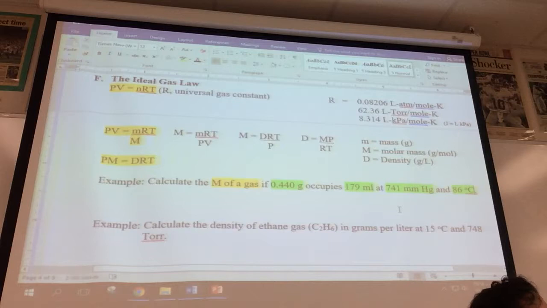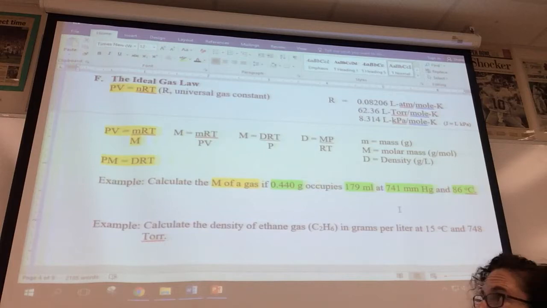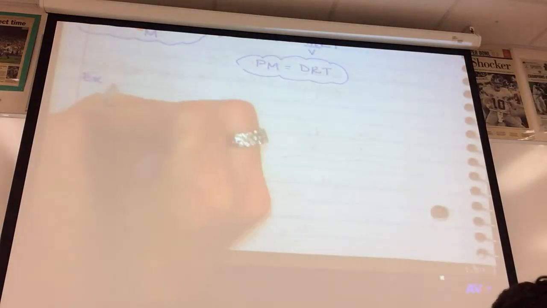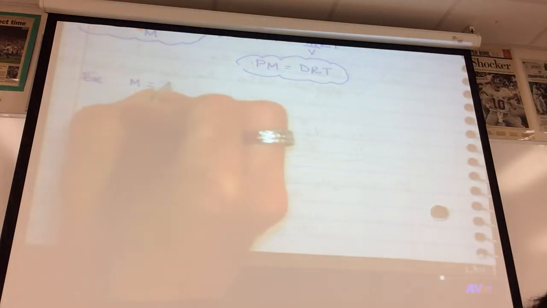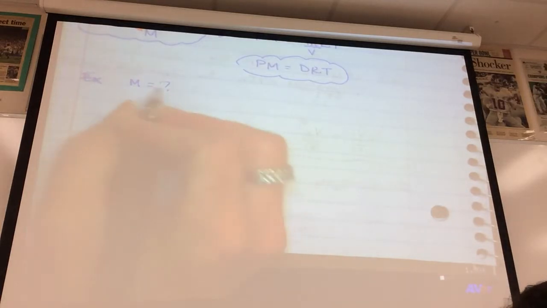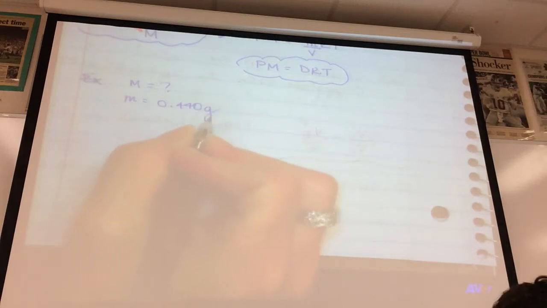Couple things to remember when using any variation of the ideal gas law. The volume must be in liters. The temperature must be in Kelvin. So in this example, we're looking for the molar mass. The mass is 0.440 grams.